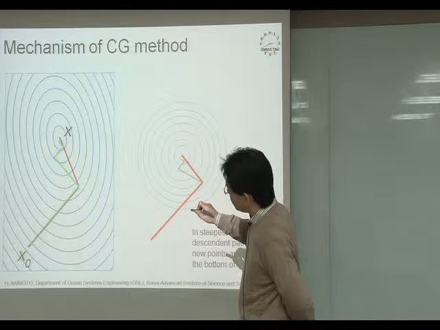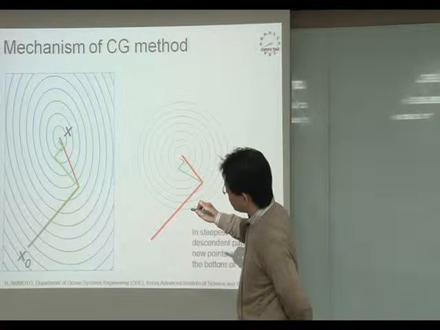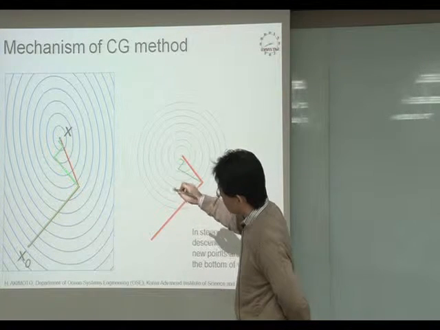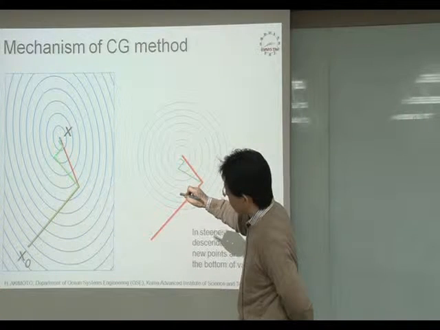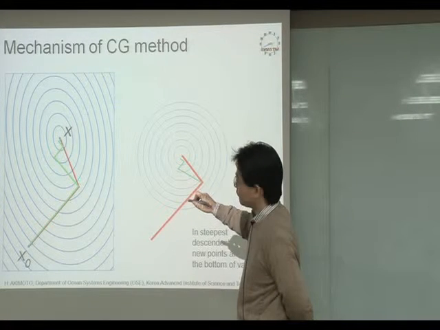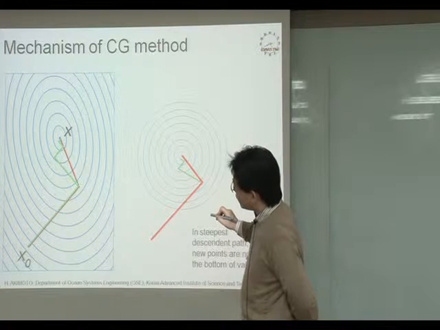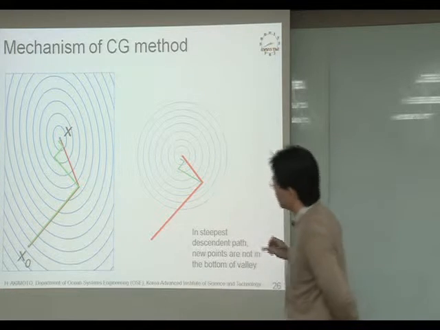And from this point, we have to find a new direction. The steepest descent method tells us this is the steepest descent line, but actually it does not lead directly to the solution point. The required solution direction is this one.